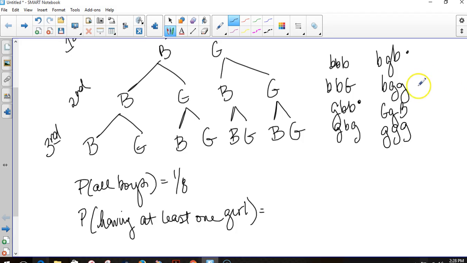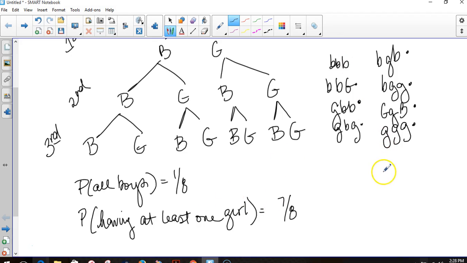I could have 2, like in this one or this one, actually this one as well. Oh, and there is another 1. Or I could have all 3 girls. That would be at least 1. We're not counting boys for the sake of this example. And so there would be 7 different ways that I can have at least 1 girl. The exact opposite of having all boys, right? So if you have at least 1 girl, then you can't have all boys.